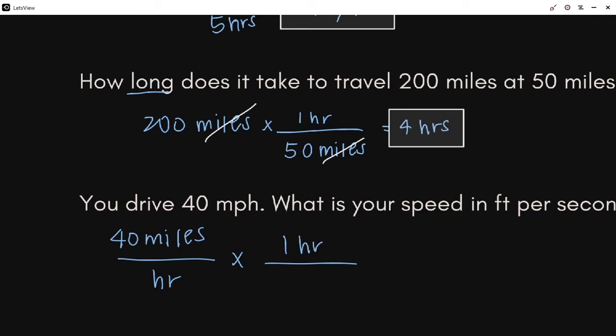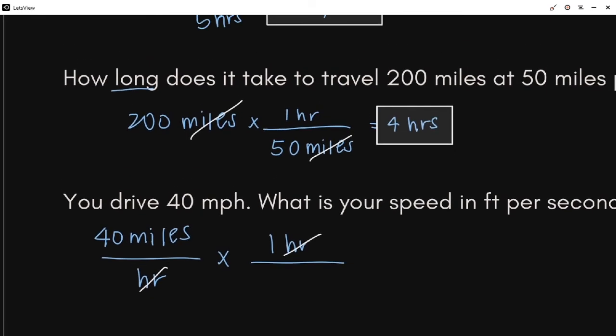So in 1 hour, I'm going to have this on the top because I want it to cancel out with the hour on the bottom of our original problem, is 60 minutes. But we don't want it to be in minutes, we want it to be in seconds. So we want to convert minutes to seconds, and 1 minute is 60 seconds. And here the minutes will cancel out. So we're done with converting hours to seconds, and seconds is in the denominator, which is what we want.